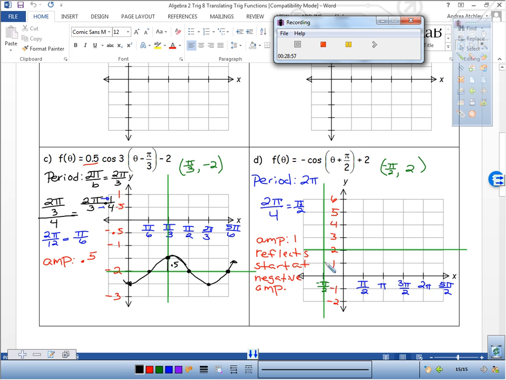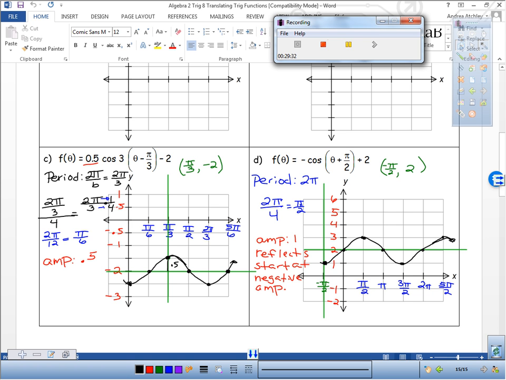So I'm going to go down the line and start here for cosine. Then we'll go back up to 0 on my new one, up to the positive amplitude, down back to 0, down to the negative amplitude. I'm just going to keep going because I have room. And this is my curve.